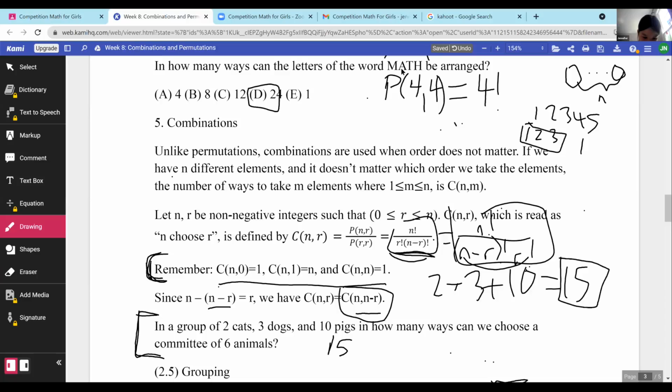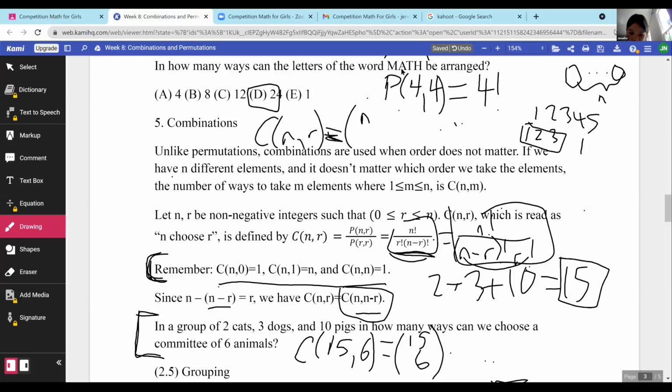So it's C(15,6), which you could also write as 15 choose 6, because in general, C(n,r) is a lot of times written, especially in competitions, as n choose r, like that.